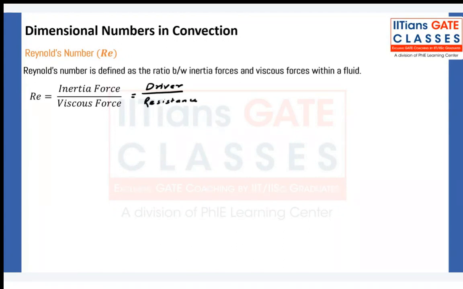Resistance to motion. Okay. So I can write inertia forces as d by dt of mass into velocity. And viscous force is what? Shear stress into area. Okay, so I can write this as mass flow rate and velocity. And this is shear stress. Do you know this shear stress you have studied in fluid mechanics? Newton's law of viscosity.